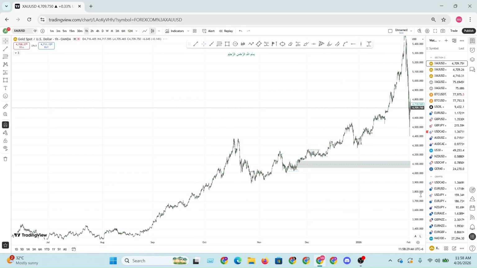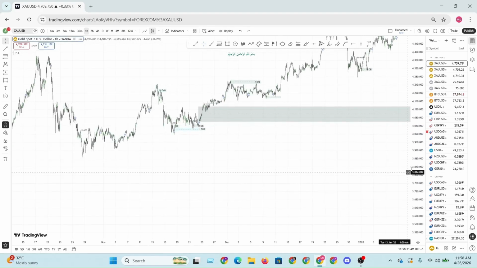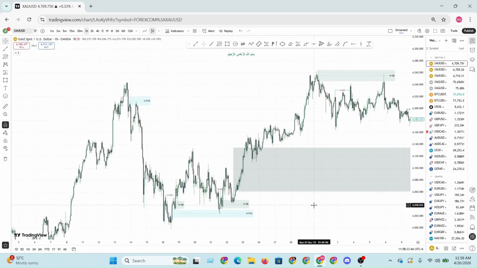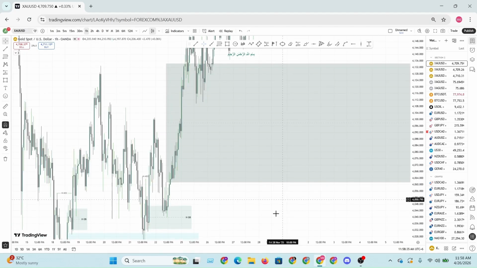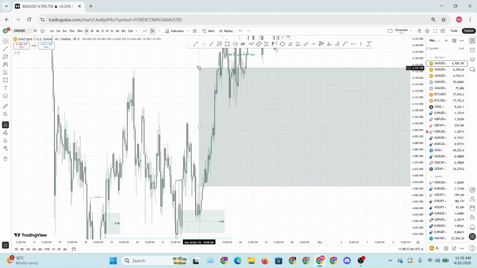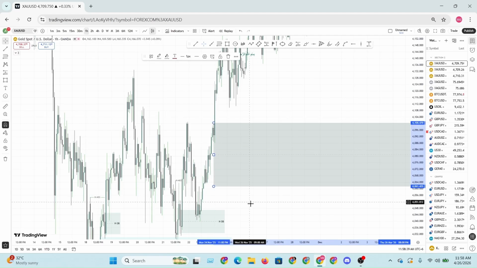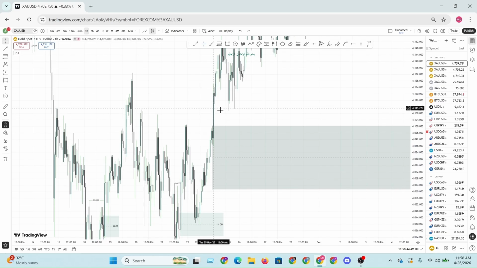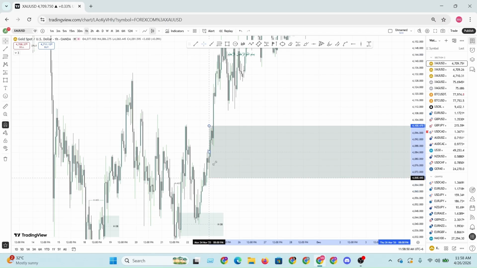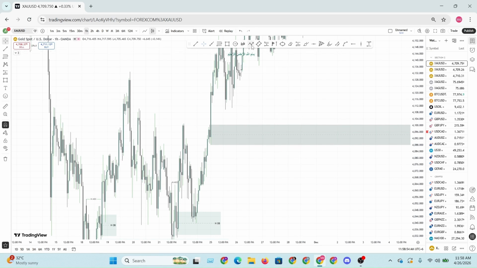If you zoom in, you can see there is an order block. First candle, second candle, third candle. The gap between these candles is the FVG, and this is our order block. So this whole thing is our POI. And again first candle, second candle, third candle. Again, this is our POI.